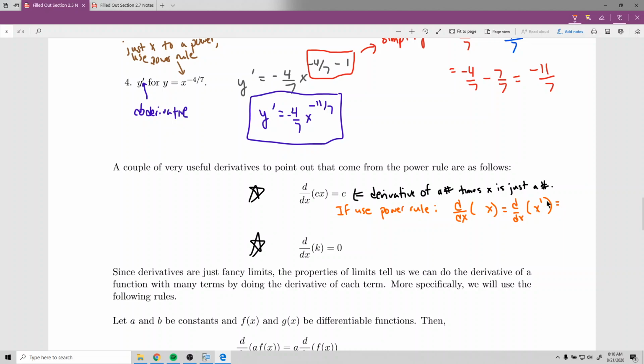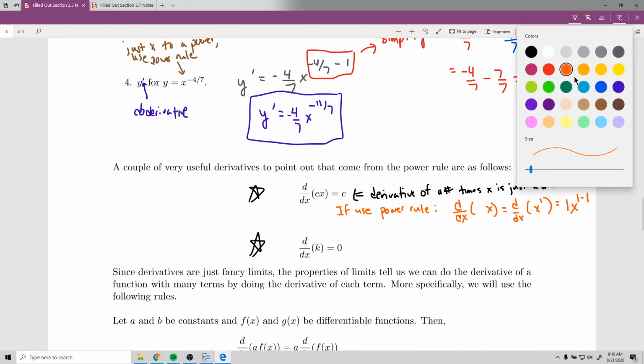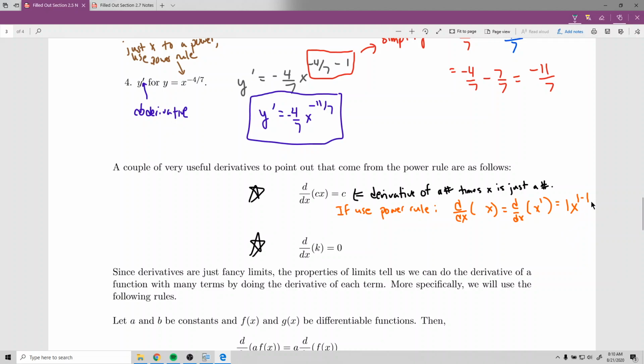And then when we do the power rule, we bring the 1 down, we rewrite our x, and we subtract 1 from the power. And here we can see that 1 minus 1, the power on x is 0. Actually, let me leave that in orange. And anything to the 0 power is 1. Right, so the derivative of just x is 1, and then the c stays along for the ride.